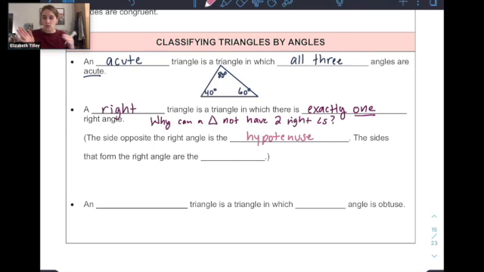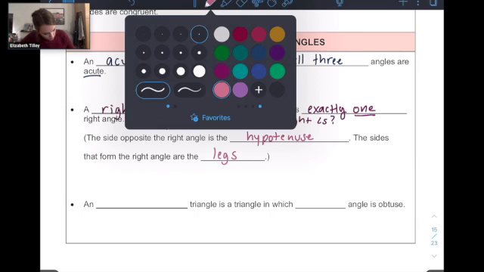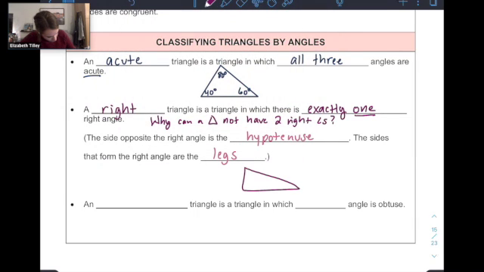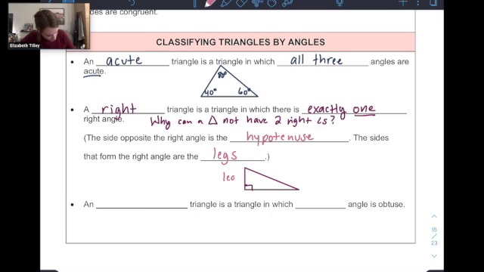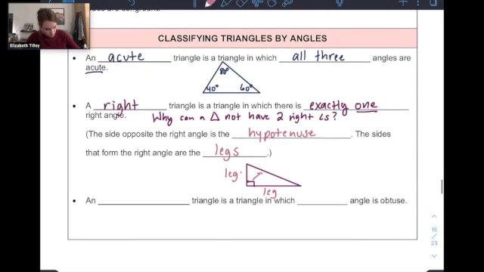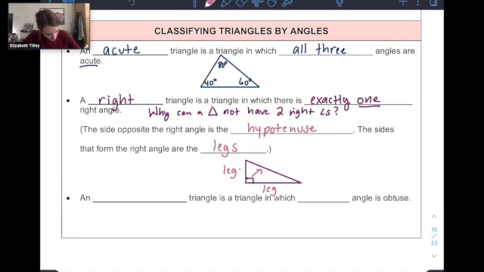The sides that actually make up the right angle are the legs. So if I have a right triangle, the two sides that form that right angle are my legs. So we have a leg, we have another leg, and then the side opposite my right angle is always the hypotenuse.